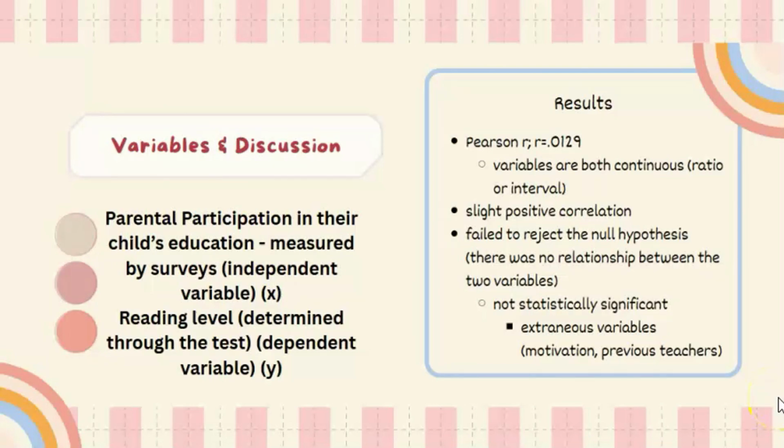So we looked at the results of this study. We found a Pearson R, or correlation coefficient R, of 0.0129. We could use this R because the variables were both continuous.